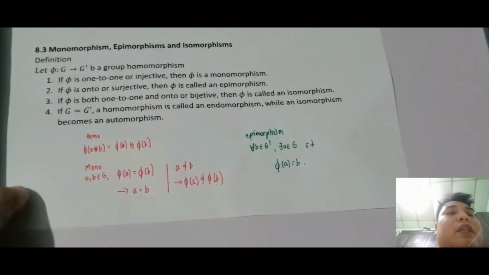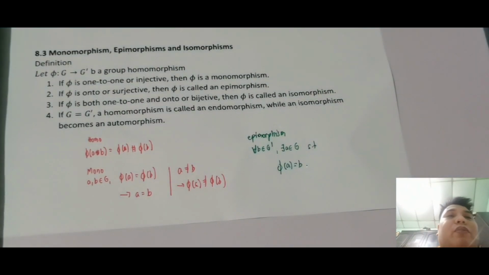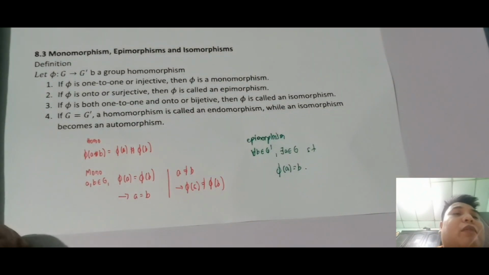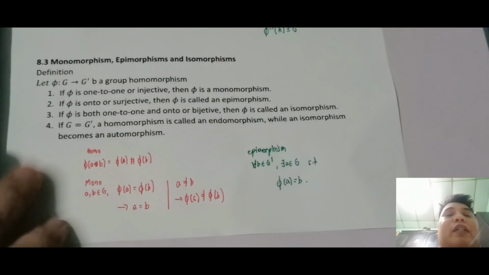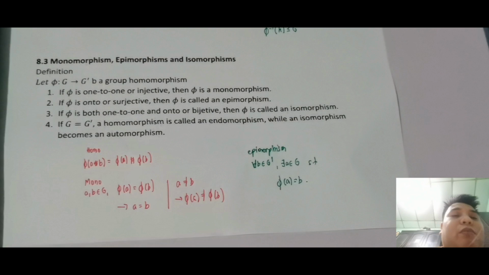When that happens, that is an epimorphism. You should just recall how we do it for surjective. So remember those terms: monomorphism, epimorphism, then isomorphism. A homomorphism becomes an endomorphism when G is equal to G prime, and an isomorphism becomes an automorphism when G is equal to G prime, provided it is an isomorphism.